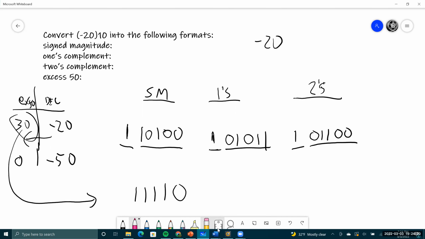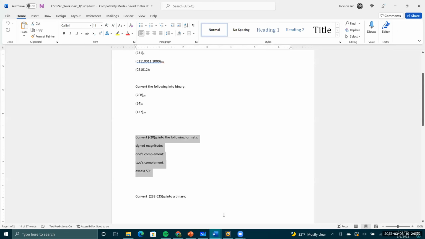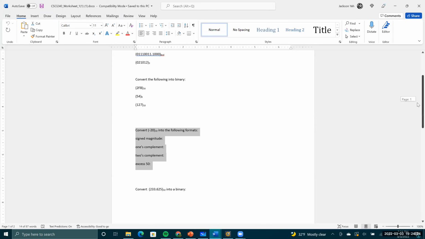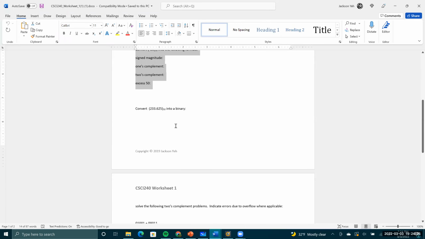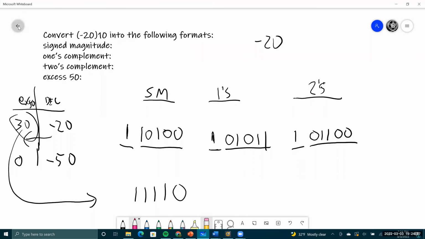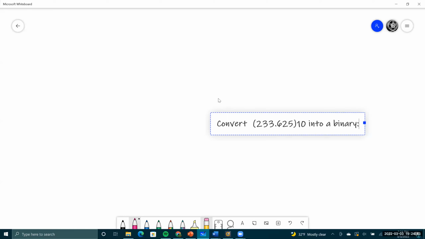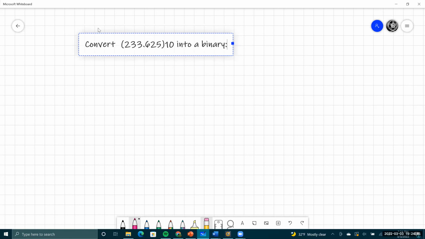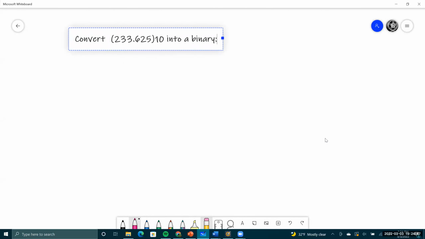All right, moving on to the next group of questions. Now we have to convert this fractional number into binary.